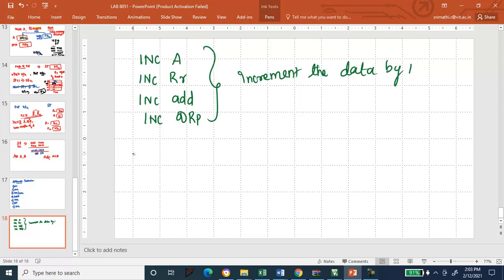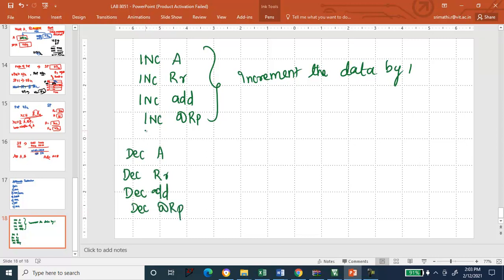Similarly, your decrement instructions will be decrement A, decrement Rn, decrement address, and then decrement @Ri.